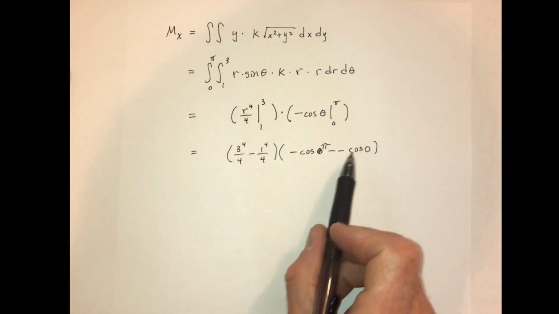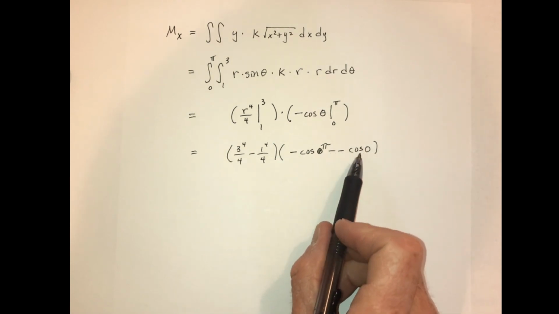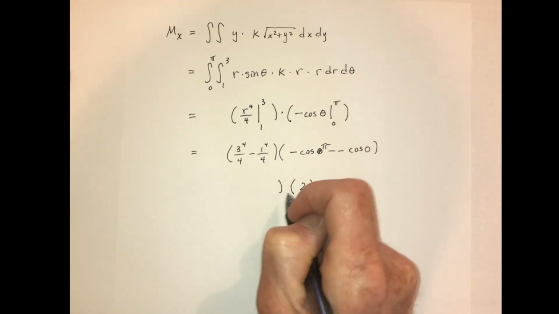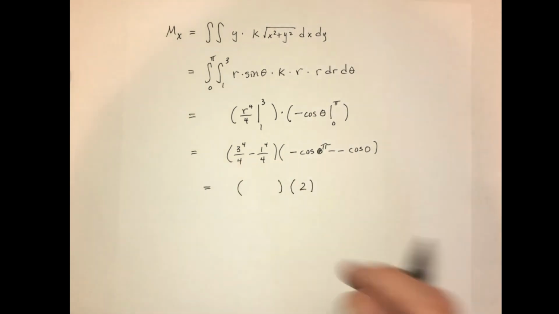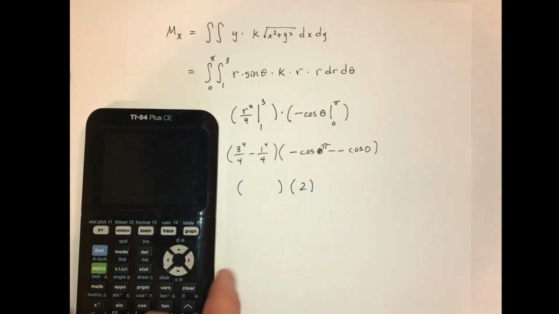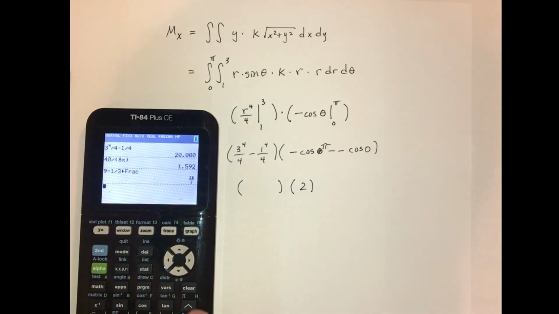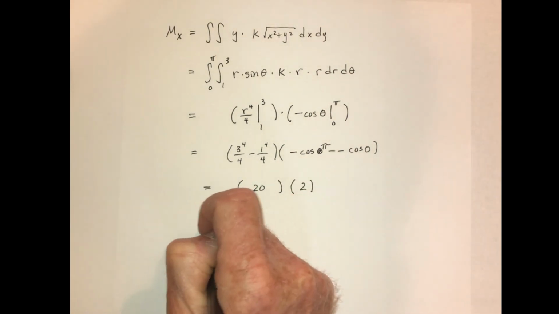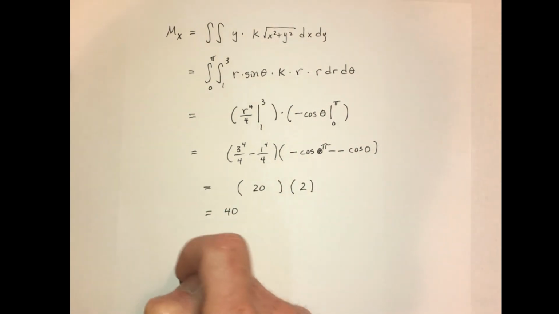Cosine of 0 is positive 1, and because of these two negatives, it's going to be a positive 1, and a positive 1 makes a positive 2. And then 3 raised to the 4th divided by 4 minus 1/4 is equal to 20. So finally, this one is 40.